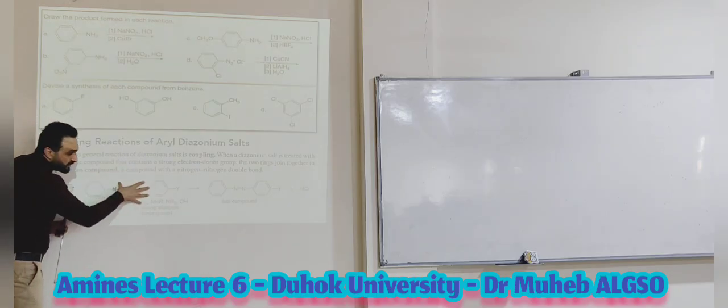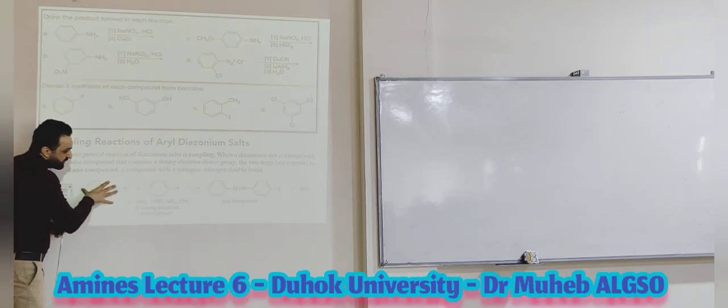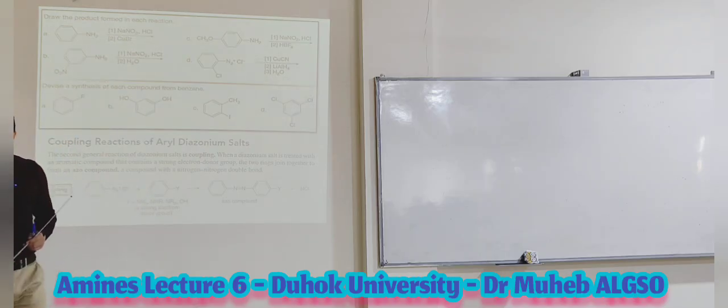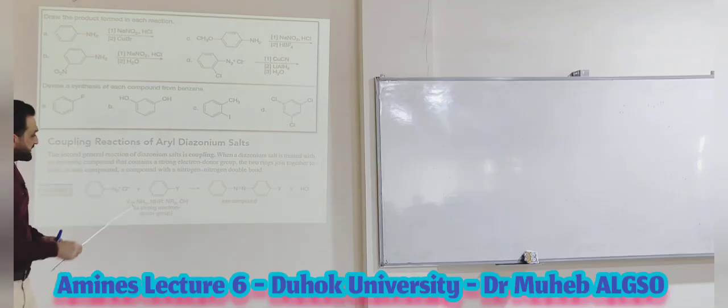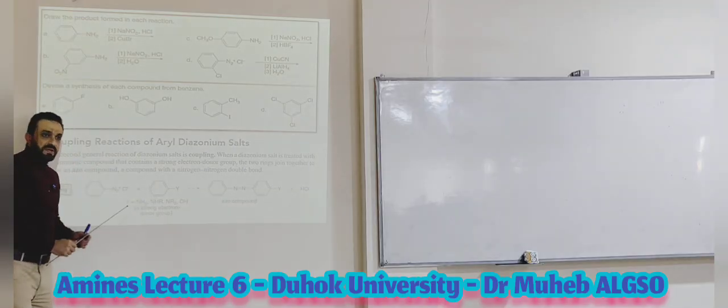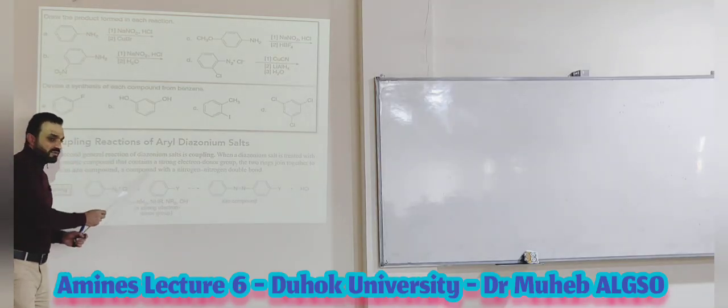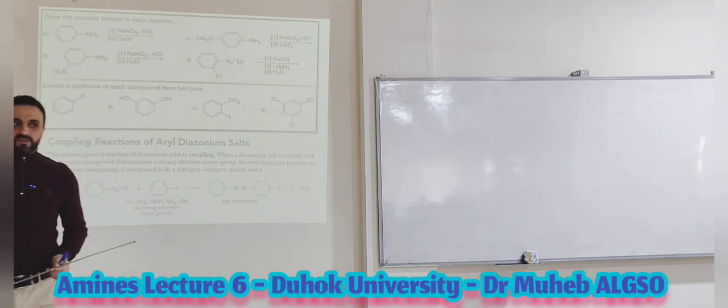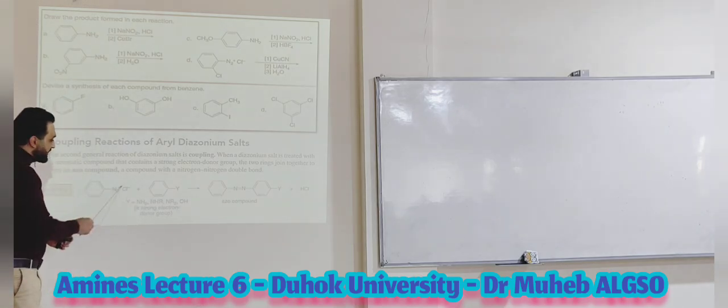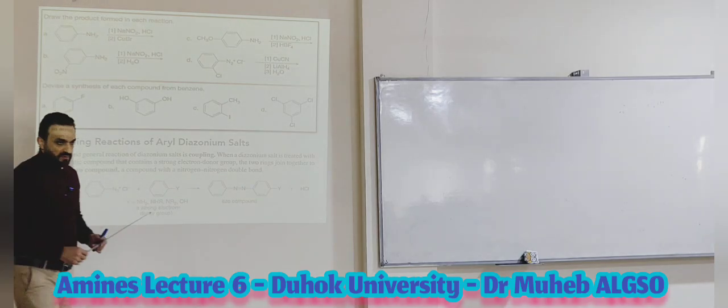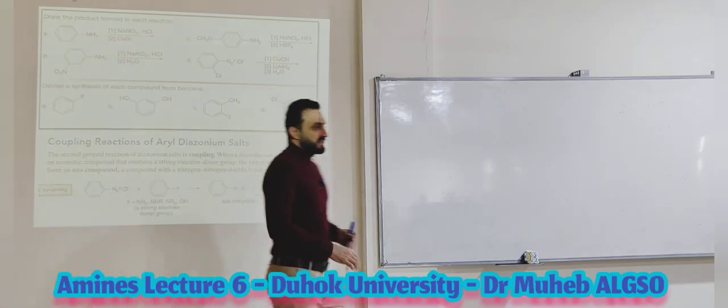This will point to here, substituted to here. Remove hydrogen and put this group here. We say substitution. So this ring must be activated, to be able to work as a nucleophile to attack the diazonium salt as an electrophile. Is it clear for you?